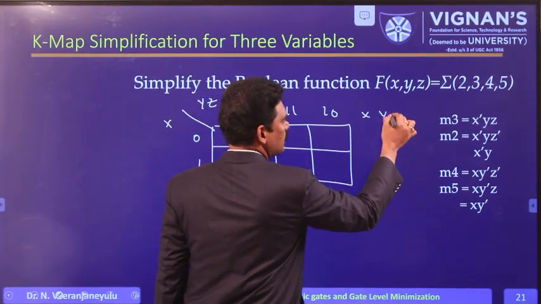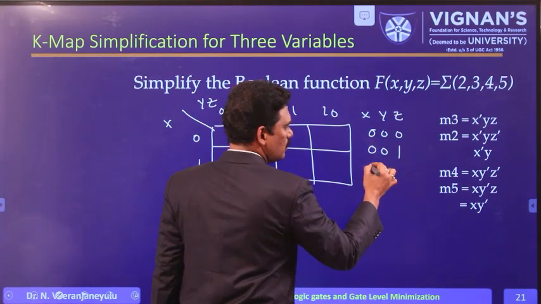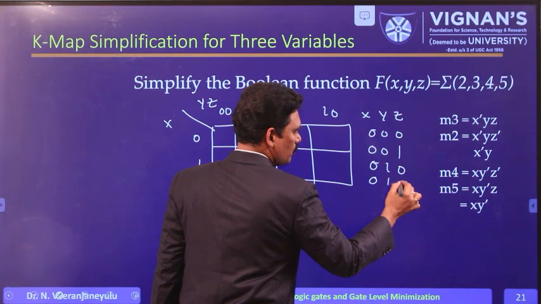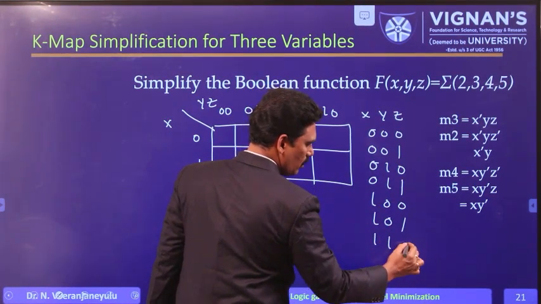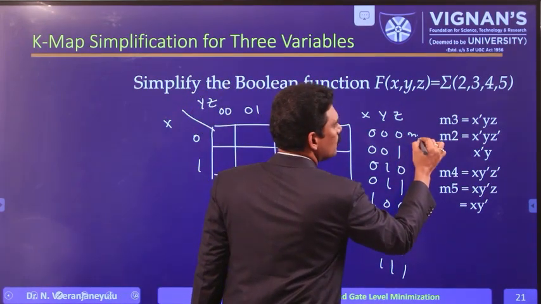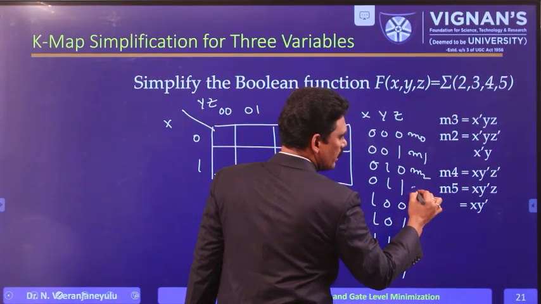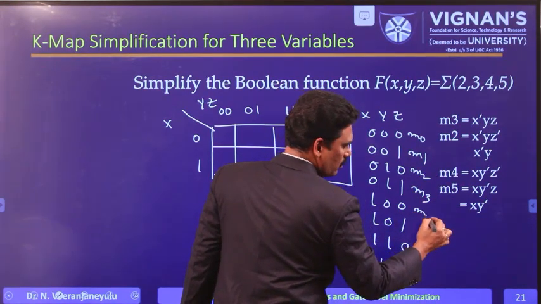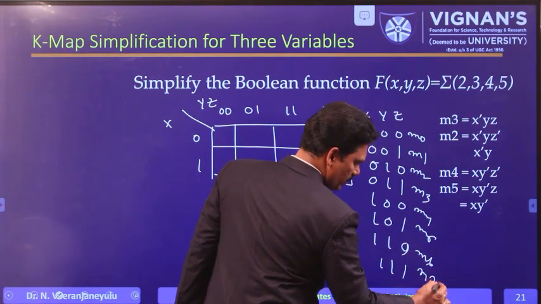This is X, Y, Z, and the combinations are 000, 001, 010, 011, 100, 101, 110, and 111. What about minterms? This is M0, M1, M2, M3, M4, M5, M6, and M7.